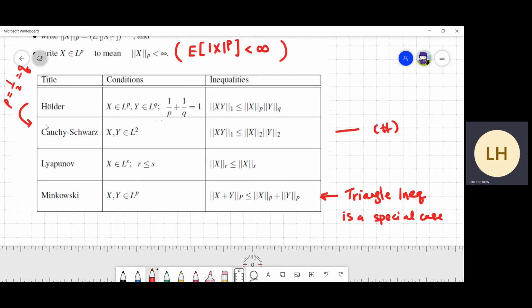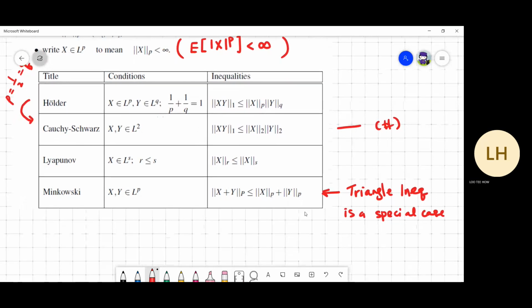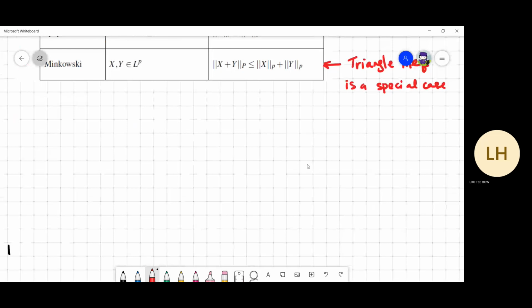As I said, in our course, the most important inequality among these four will be the Cauchy-Schwarz inequality. So I think it will be better to express this inequality in terms of the expectation value, which seems more comfortable to you. Here's the notation.